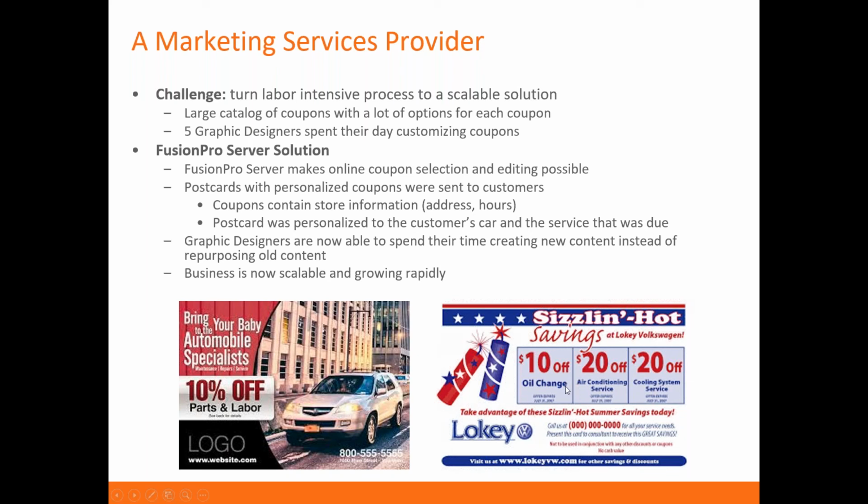So, as a car dealer, I could say, okay, well, I want to offer an air conditioning service at 20% off, but I also want to offer these other things. And on that particular coupon might be a list of 15 different things that the car dealership could choose from.